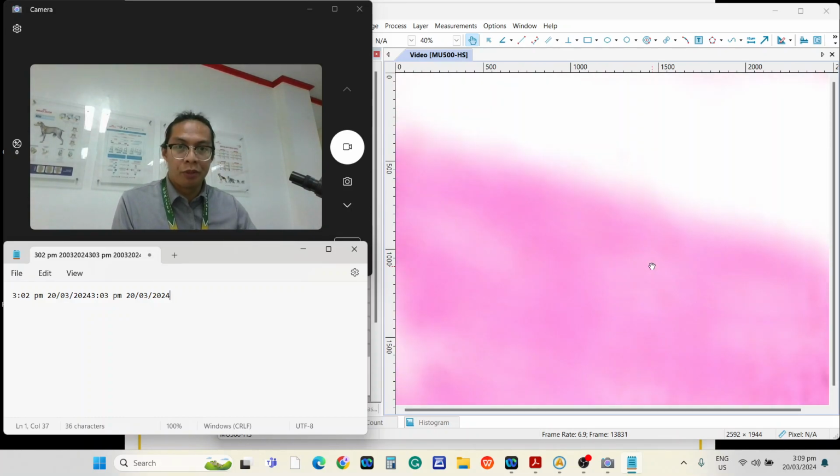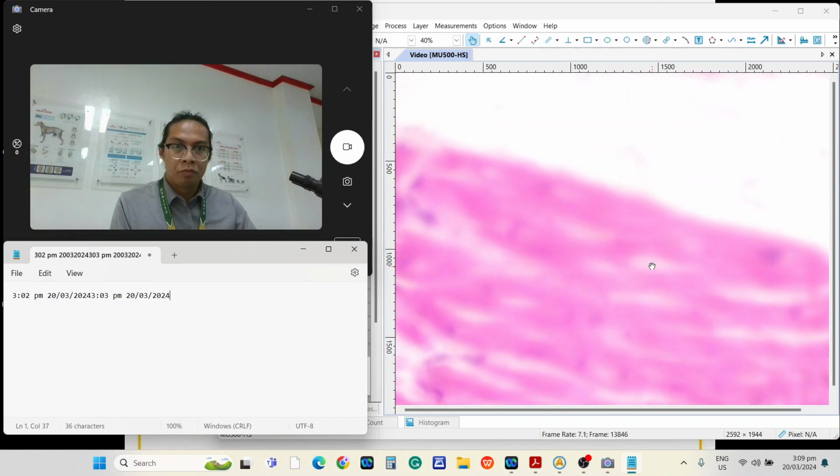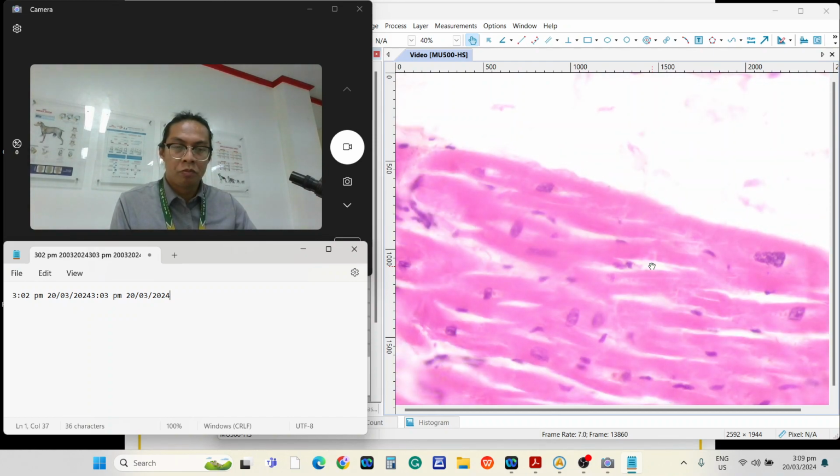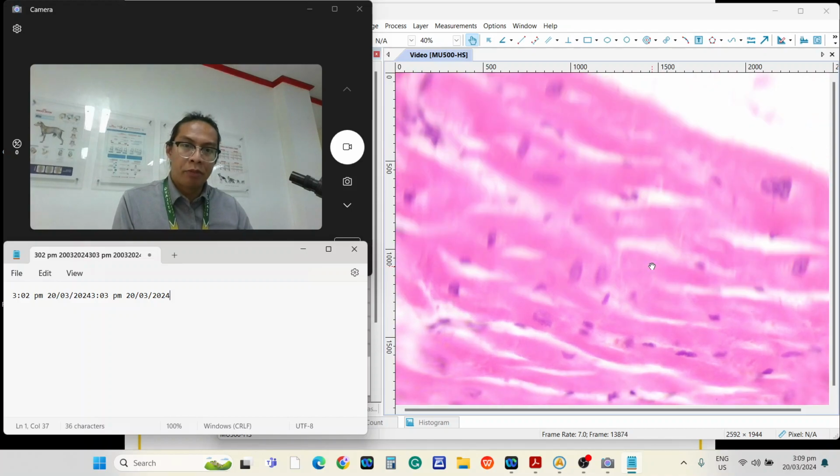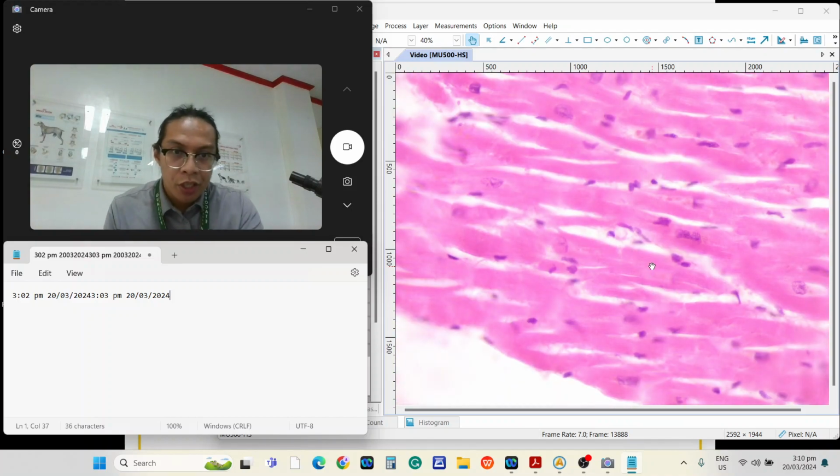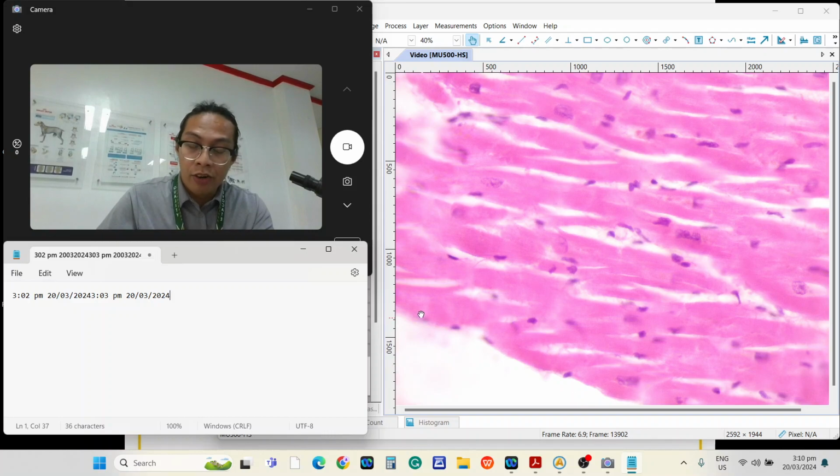Under HPO, we can appreciate the branching nature of this tissue. Okay? So, nakikita natin tuwid-tuwid pa rin. May striations. It is still striated. However, branching ang cells ng cardiac muscle tissue.